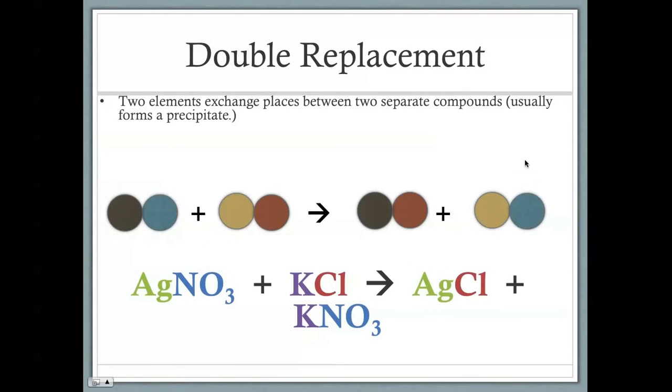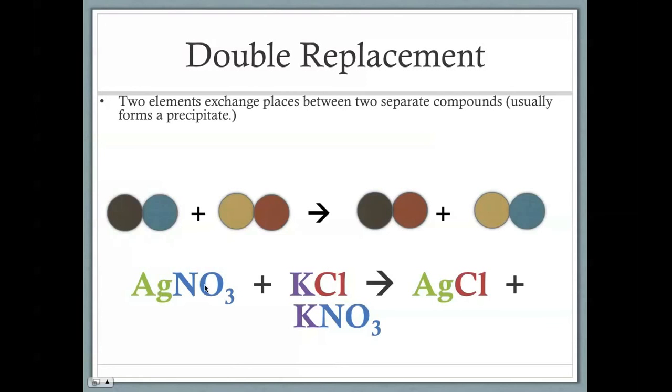The fourth reaction is a double replacement reaction. This is when two elements exchange places between two separate compounds. Now, this looks different than a single replacement reaction because, remember, that kind had an element with a compound on your reactant side on the left. Now we have two compounds. And what you're going to see is that the positive metallic ions in front are going to be switching places.